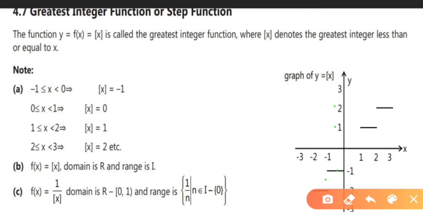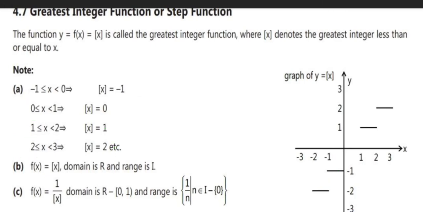Here also the less than or equal to sign: minus 1 is less than or equal to x, 0 is less than or equal to x, 1 is less than or equal to x, 2 is less than or equal to x. Therefore, these are the values we got here.